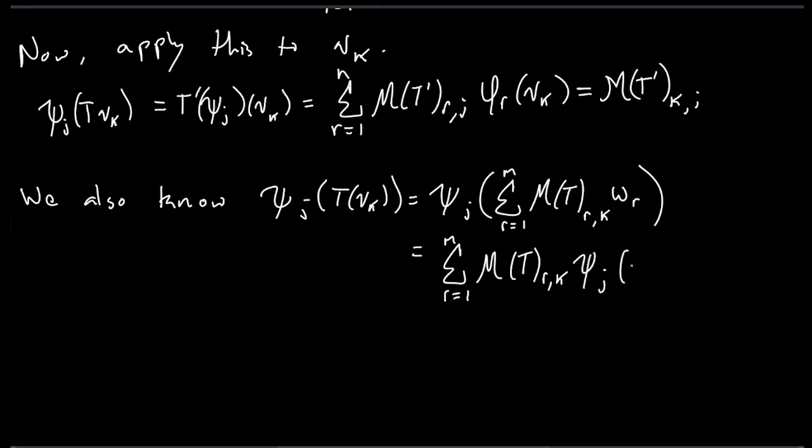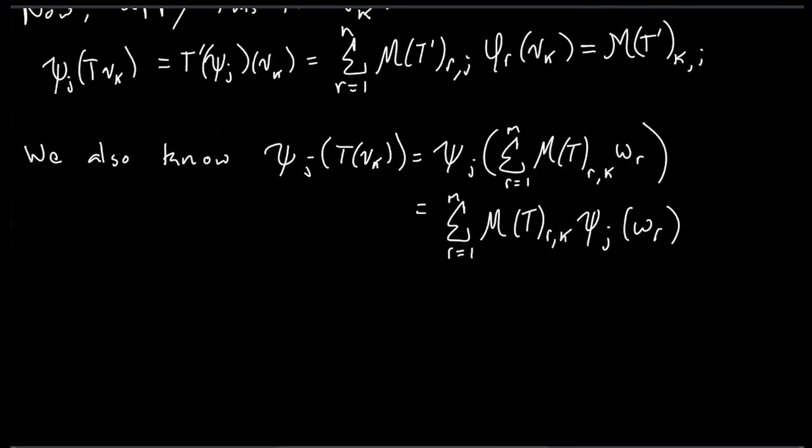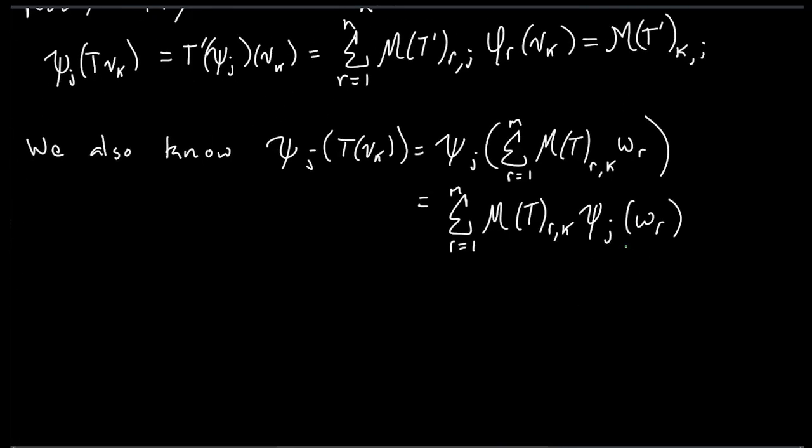But wait a second. This is the dual basis of the w's. So the only one that isn't 0 is when j is equal to r, right? And then we'll get 1, and this gives us the matrix of T, jk.